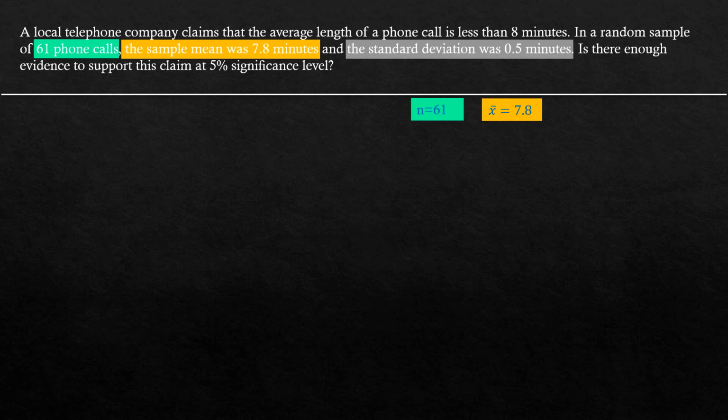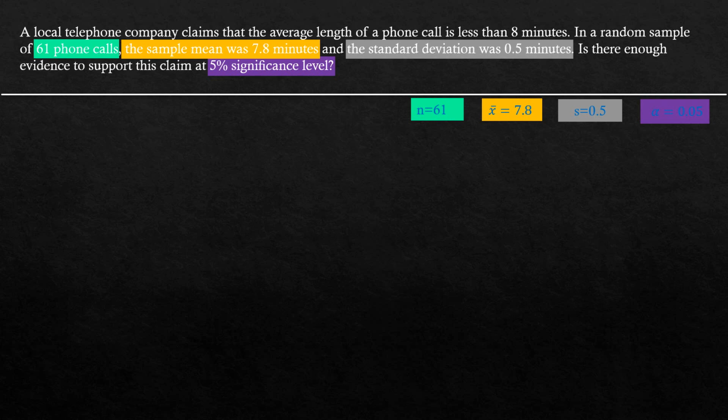That means the standard deviation is the sample standard deviation. It is S. S equals 0.5. The last one, 5% significance level. What is the significance level? Alpha. Alpha equals 0.05. Now let's go to the hypothesis testing.